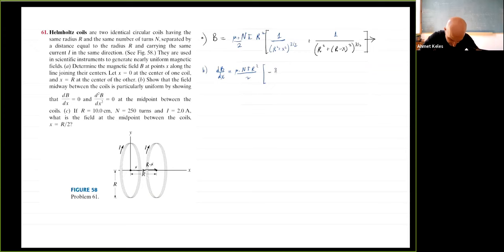Minus 3 over 2 times 2 times x divided by this whole thing to the power of 5 over 2, minus 3 over 2 times (r minus x) times the derivative of minus x, which is minus 1, divided by this whole thing to the 5 over 2. Let's call this one A, let's call this one B.